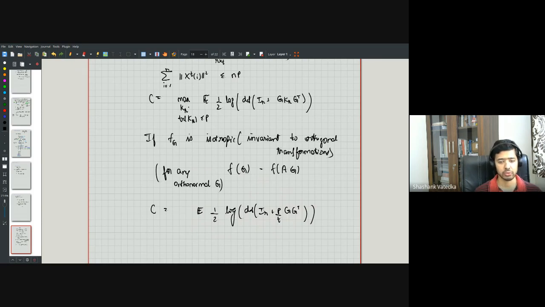So once again, I'm not proving any of these results. If you really want to prove these, then you should go through the textbook. But the steps are going to be the same as what we did previously.